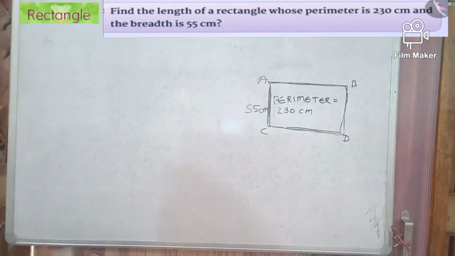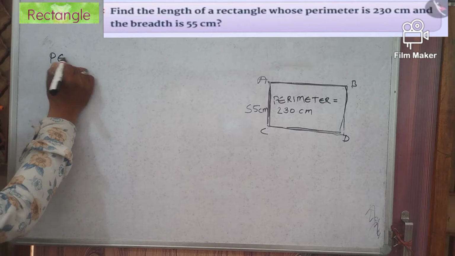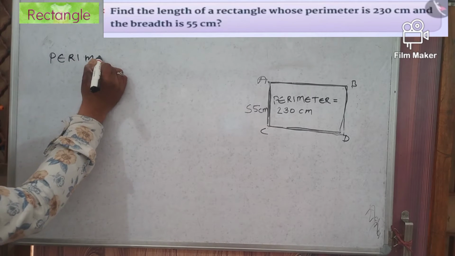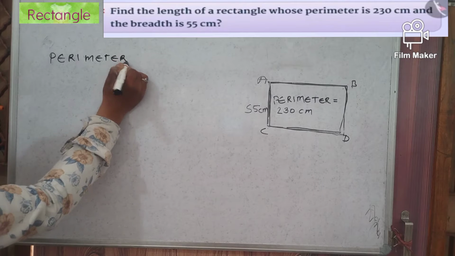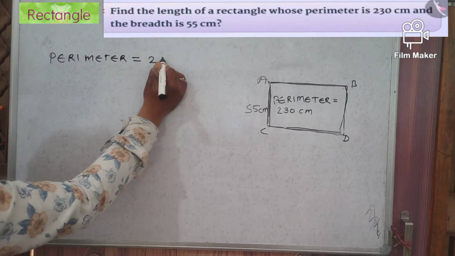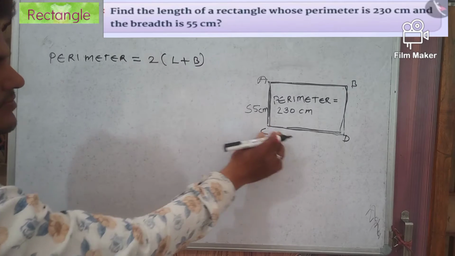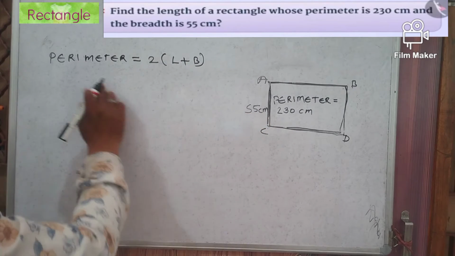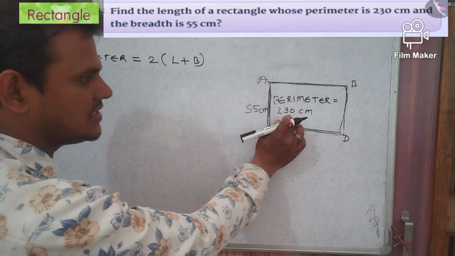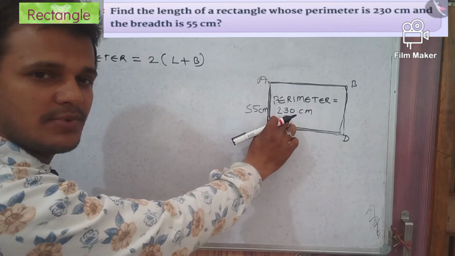So we now write perimeter is equal to 2 into (L plus B), length plus breadth, right? Perimeter is 230 centimeter, given in the question.